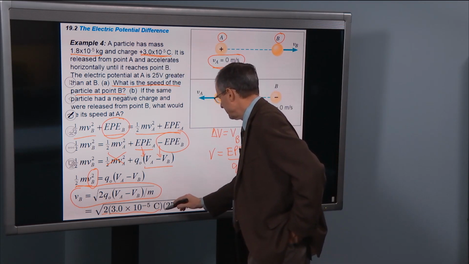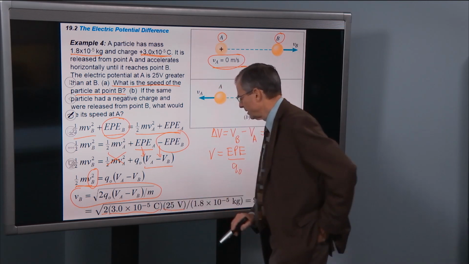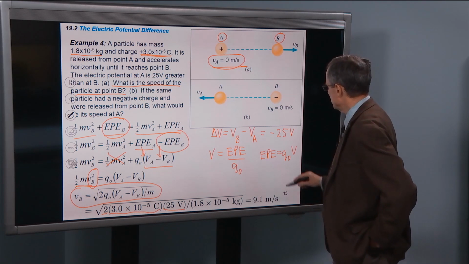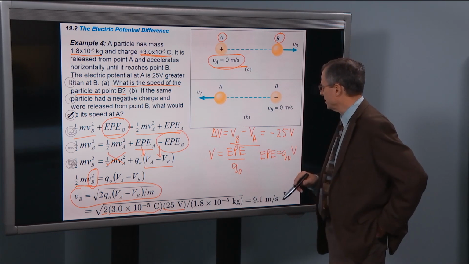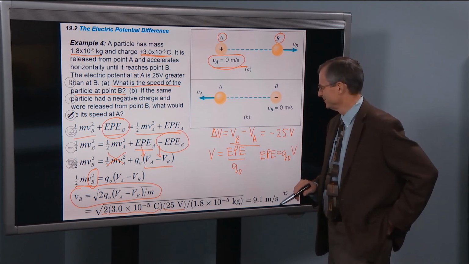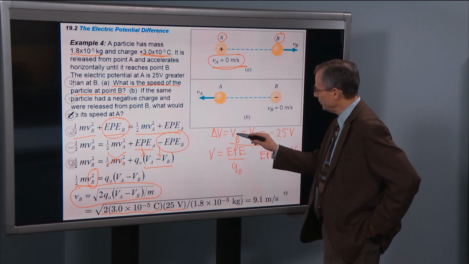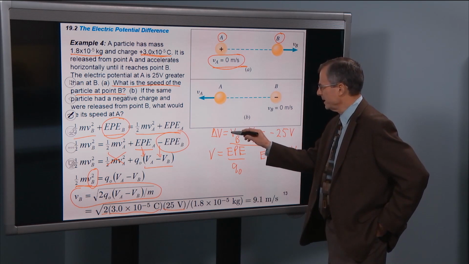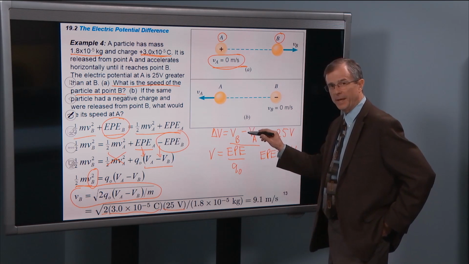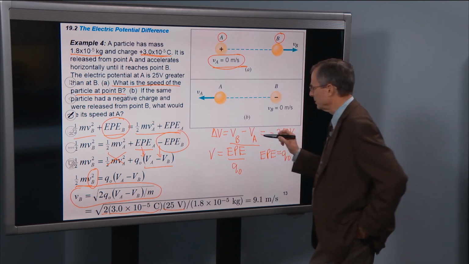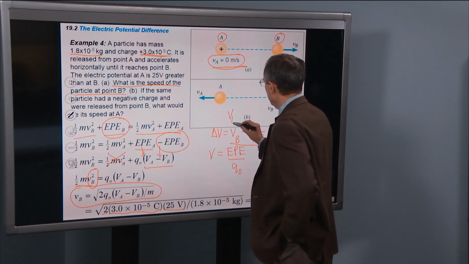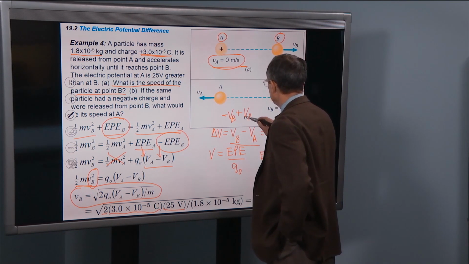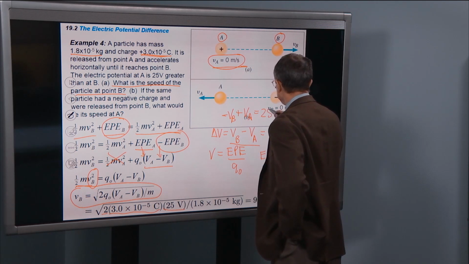Here is VA minus VB. You say, well, hang on, I thought that was a negative 25 volts. And the answer is not quite. VB minus VA is minus 25 volts. So if you multiply through this equation with the negative sign, then you get minus VB plus VA equals plus 25 volts.